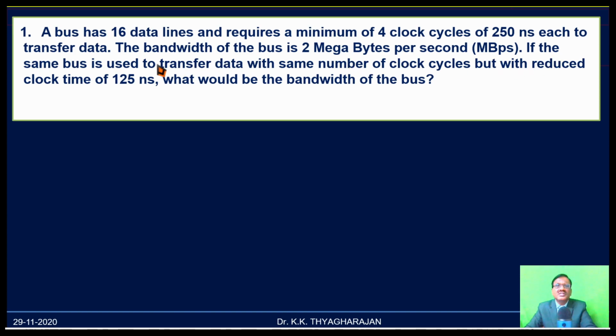If the same bus is used to transfer data with same number of clock cycles, but with reduced clock time of 120 nanoseconds, what would be the bandwidth of the bus? The options are A 8 megabytes per second, B 4 megabytes per second, C 2 megabytes per second, D 1 megabytes per second. So you have to solve the problem and try to find out the answer.